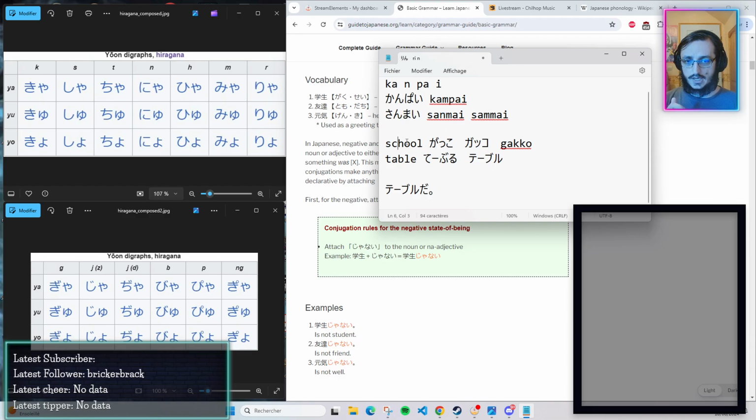We saw gakko, school. We saw table. As you can see, the pronunciation is very close to the English one, because it's an English word that has been Japanized, used in the Japanese way.